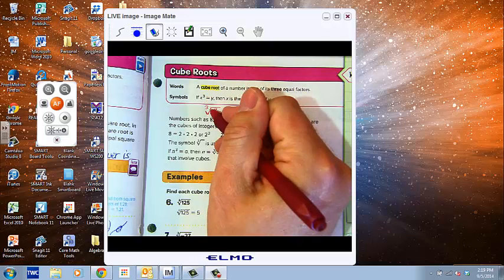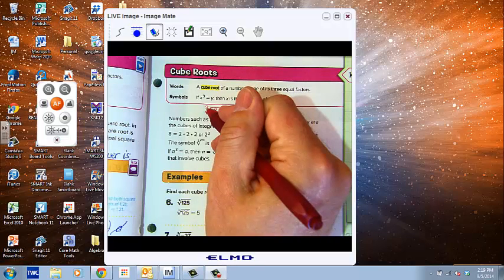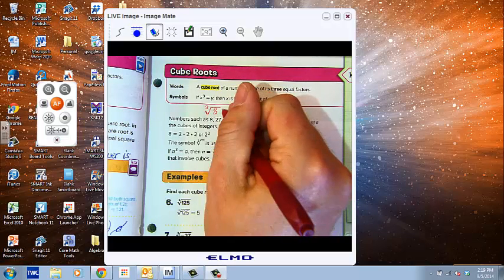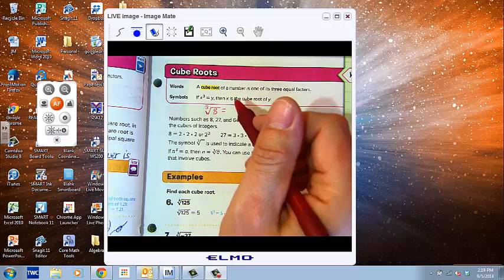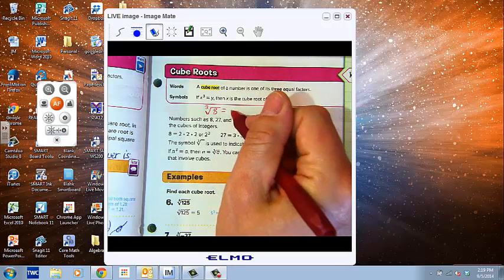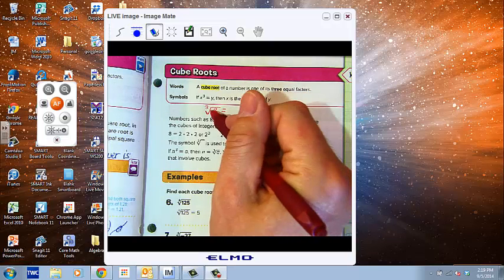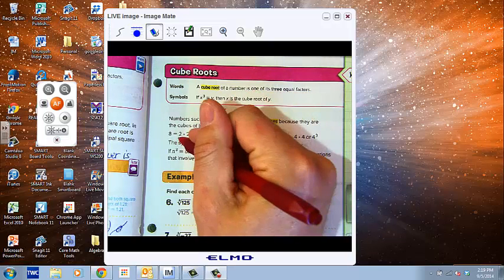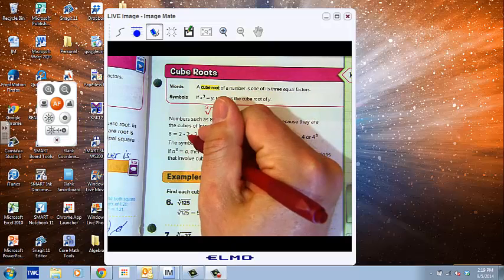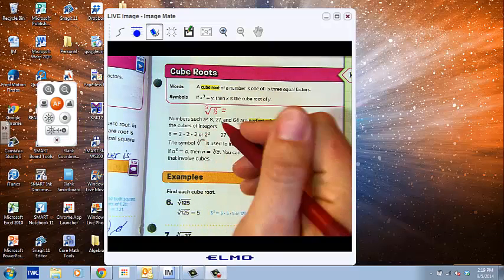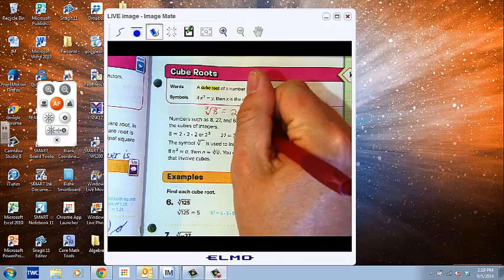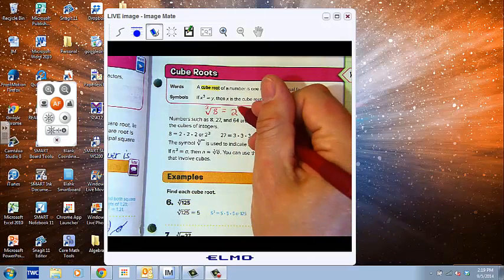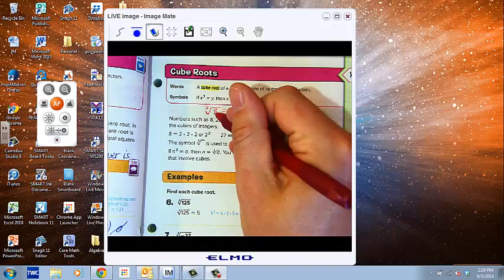A cube root is basically just a little 3 right there, which is going to tell me, hey, 8, how do I get to 8? How can I take a number multiplied by itself 3 times and get to 8? If we take 2 times 2, we get to 4, times another 2, we get to 8. So the cube root of 8 is 2, because 2 to the third power gets me back to 8.